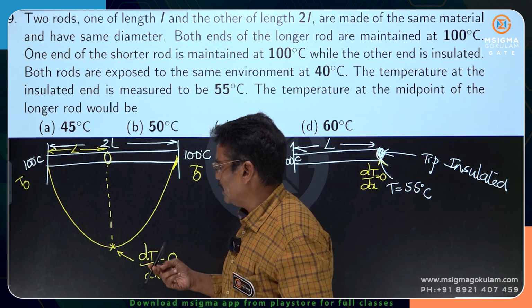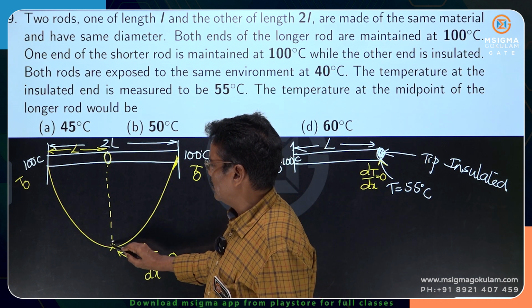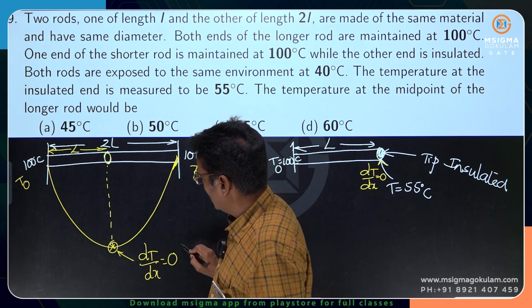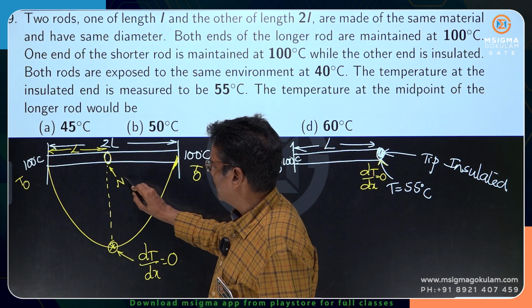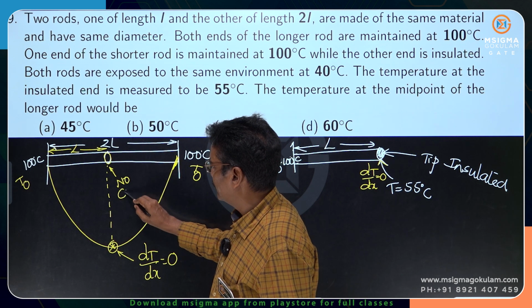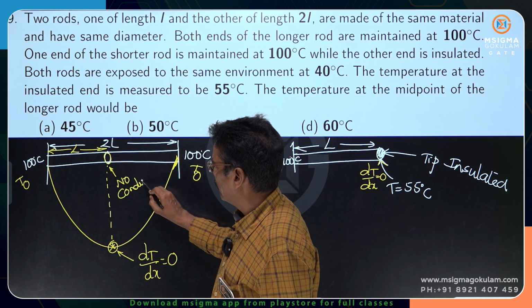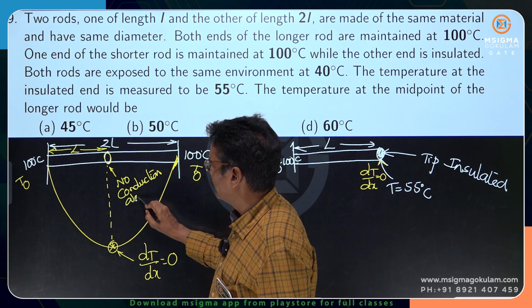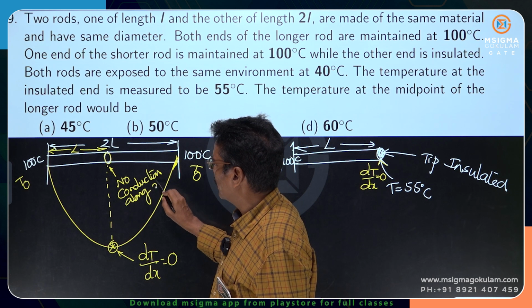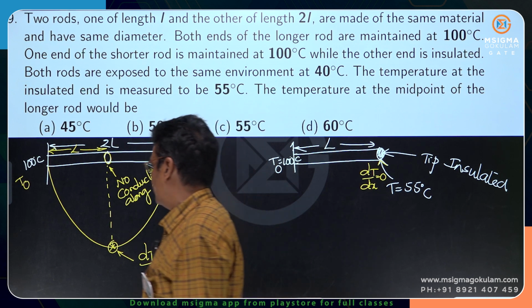When there cannot be any conduction, obviously dT by dx will be 0. No conduction along x, because temperatures are the same.